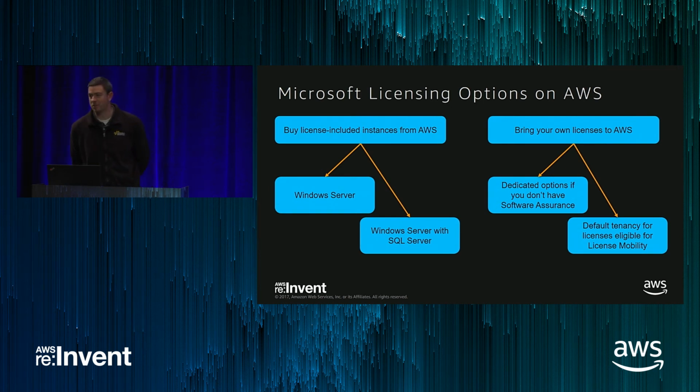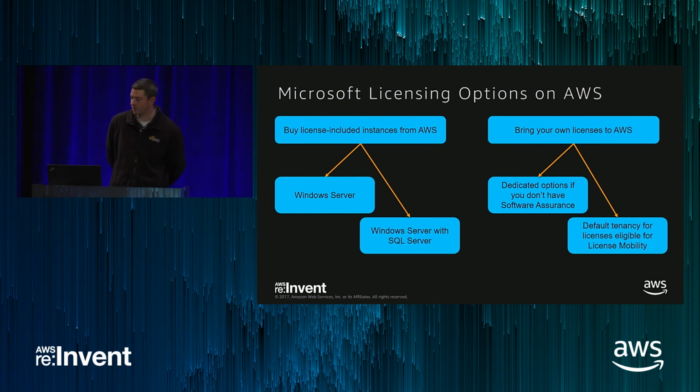If you want to save money and bring your existing licenses, say you're a large enterprise and you have a multi-million-dollar license agreement with Microsoft where you're getting the licenses at a severe discount, then you can use that ELA and potentially migrate those licenses to AWS. If you have software assurance, we have dedicated instances, we have dedicated hosts. You could deploy existing software that you already have licensed onto AWS.